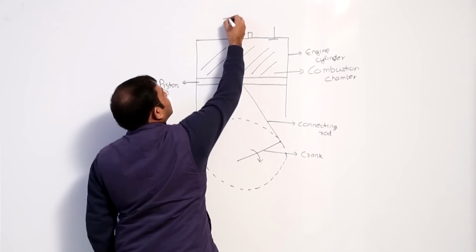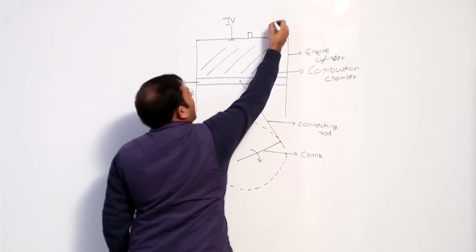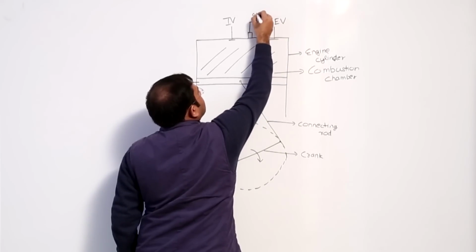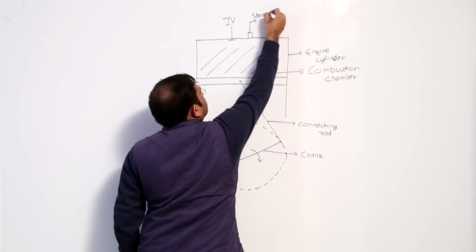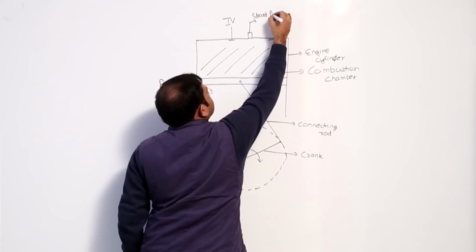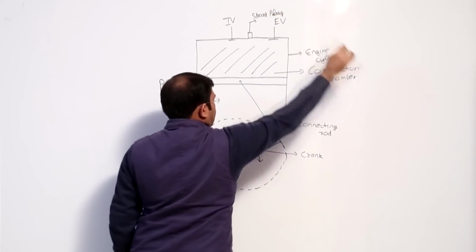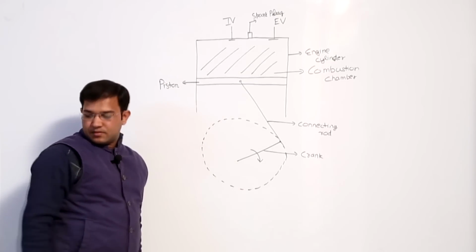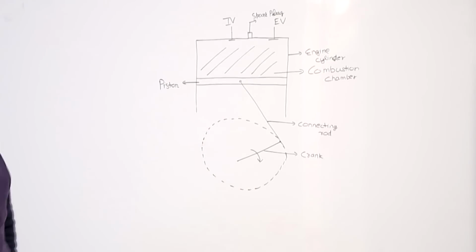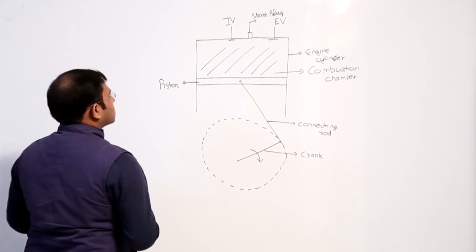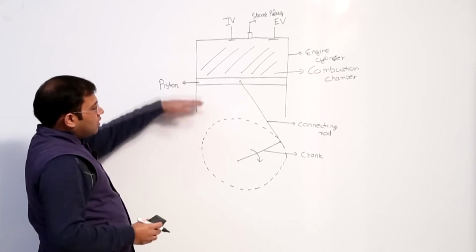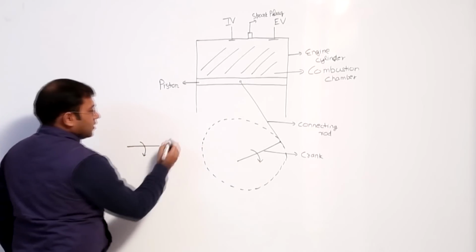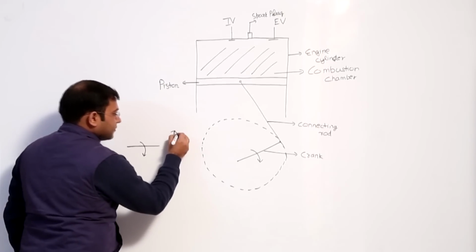Now see, this is our inlet valve and this is our exhaust valve, and this is the spark plug. This constitutes our piston cylinder arrangement in IC engines. Fine. Now we will study various strokes one by one. Now see here, when this crank is rotating, the piston is getting reciprocated.